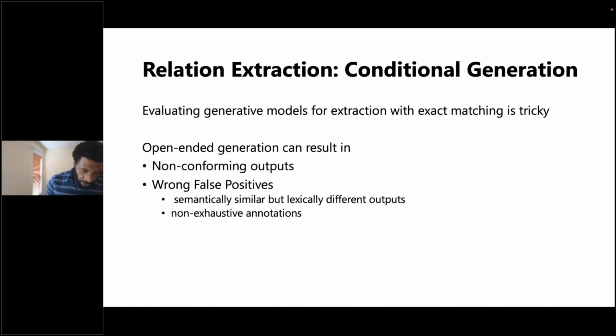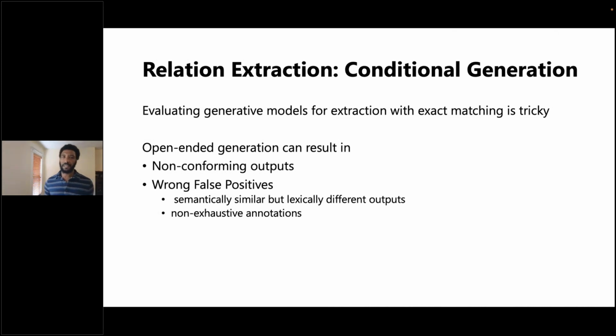One challenge in leveraging this approach is that because these models can generate text freely, the outputs that they generate can be non-conforming to the references that we have. Moreover, the models can generate instances that are semantically similar to the references, but have different strings, essentially different tokens.